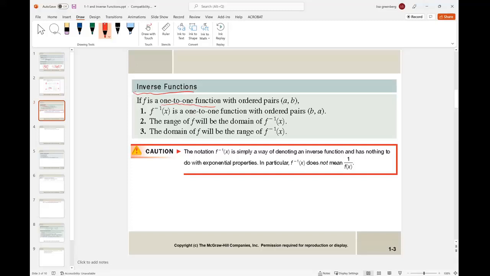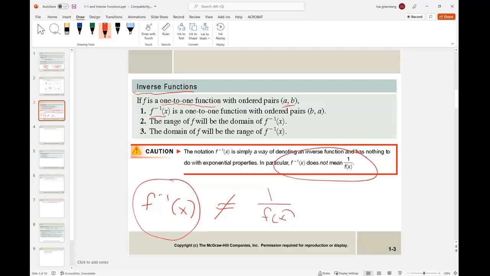And if we have an ordered pair, AB or XY, this notation means F inverse of X. This does not mean 1 over F of X. That's what this says. So this is specific notation for F inverse.